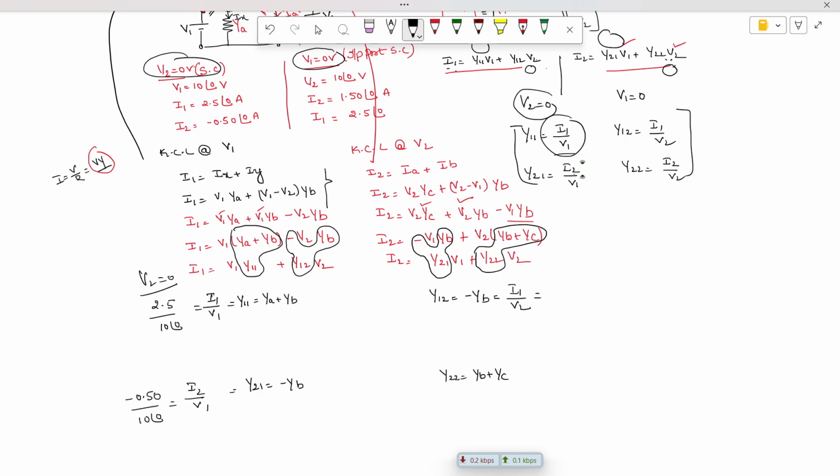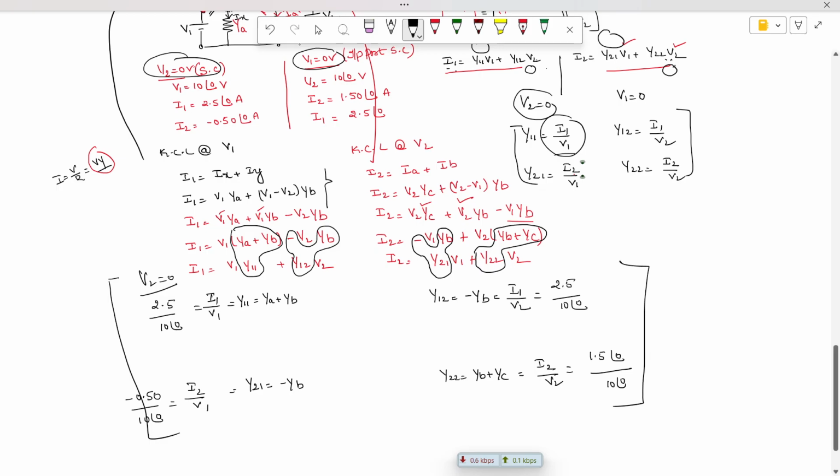I1 is 2.5 divided by V2, which is 10 at an angle 0. So this Y22 you can identify as I2 by V2. What is the value of I2? This is 1.5 at an angle 0 divided by V2, which is 10 at an angle 0. So successfully we have found all the values.